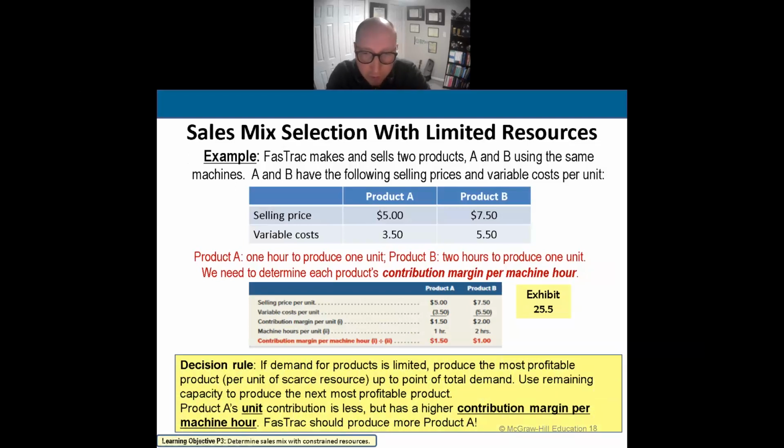In this example, I would produce more of product A than product B. While yes, the contribution margin is higher for product B, product A, the contribution margin per machine hour is higher. I'd make more of product A in this example.